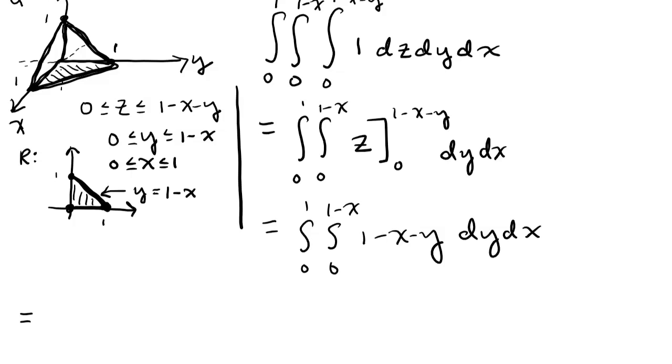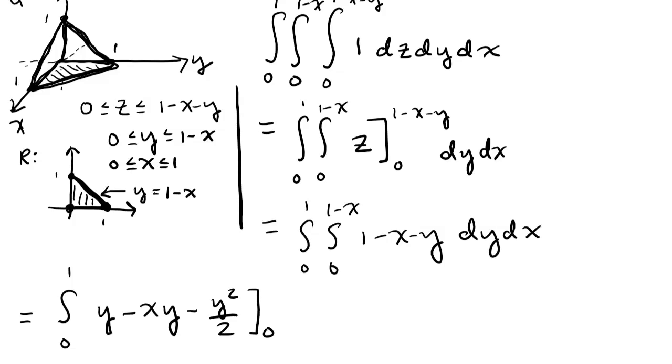Now, integrating with respect to y, the 1 with respect to y will go to y. Negative x is really treated like a constant because we're integrating with respect to y, so it's going to go to negative xy. And then negative y will go to negative y squared over 2.